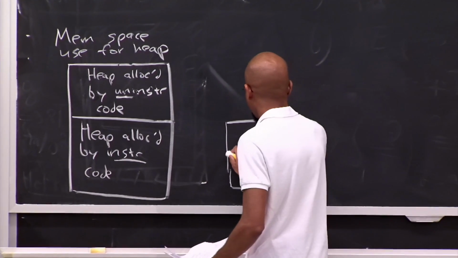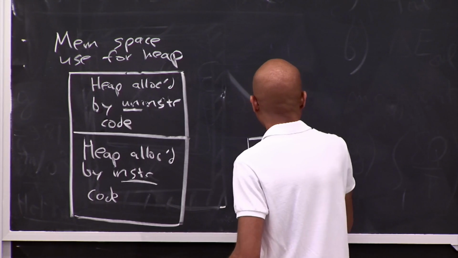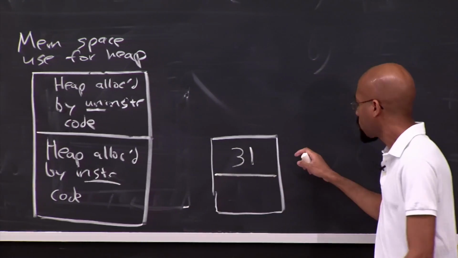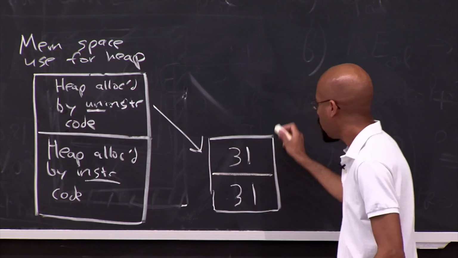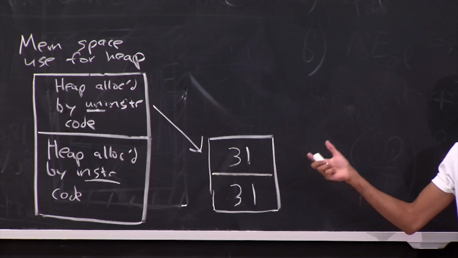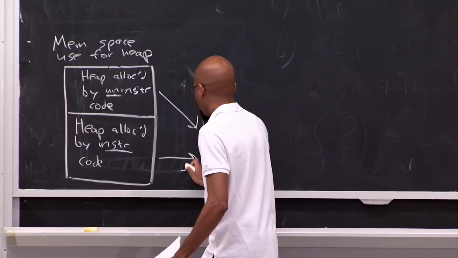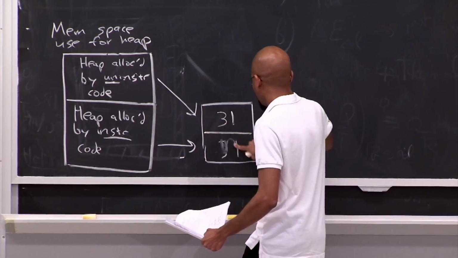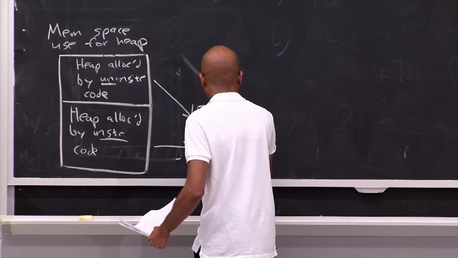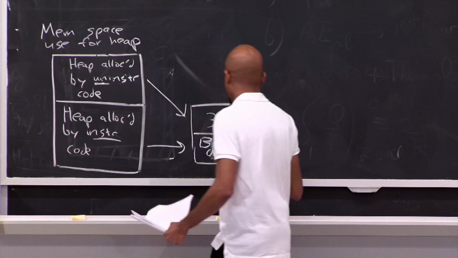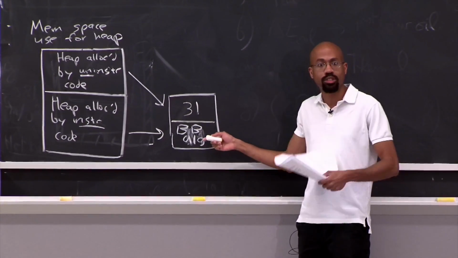The bounds table in this case, you can think of as being set up into two places. Initially, all the entries in the bounds table are initialized to 31. But then eventually, as the instrumented code runs, it's going to use the baggy bounds algorithm to set these values to whatever is appropriate for that particular instance of malloc or free.